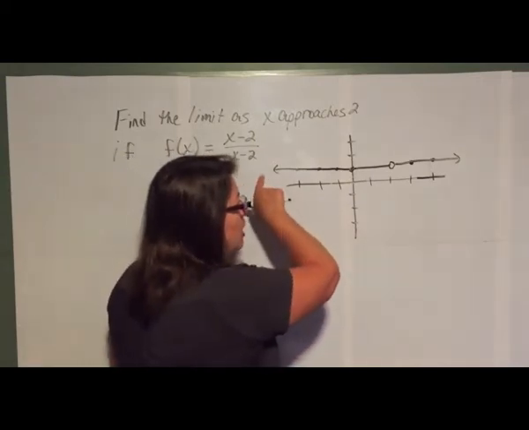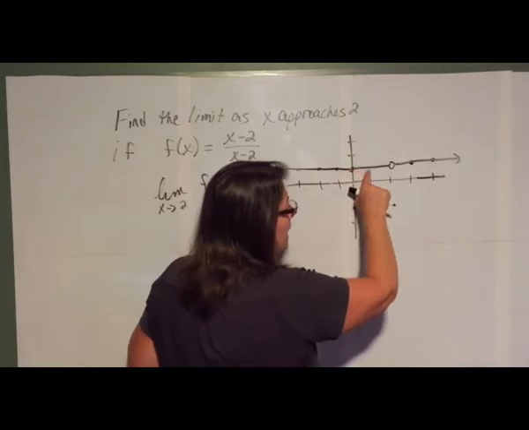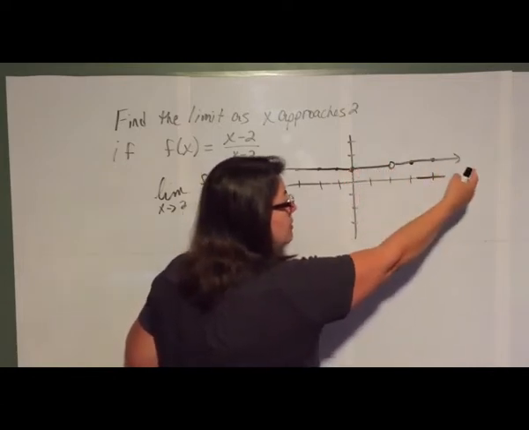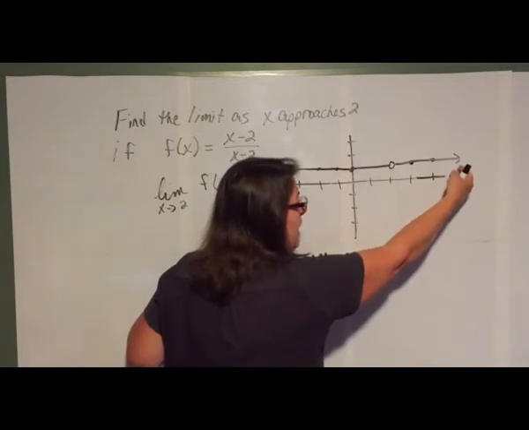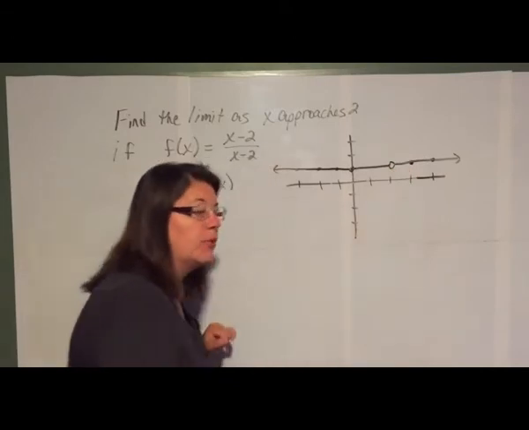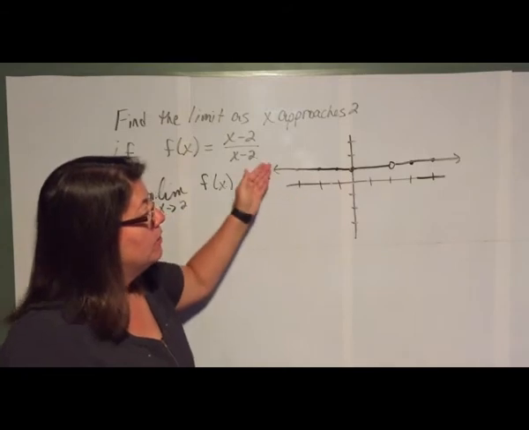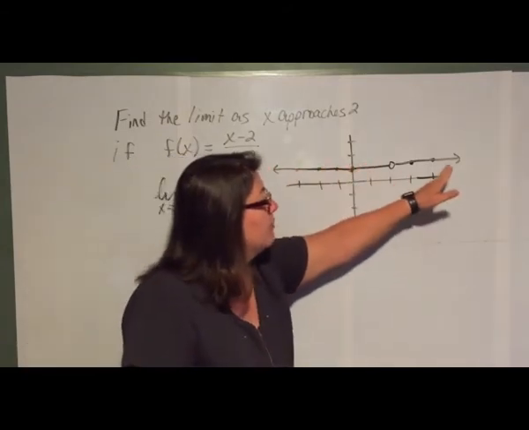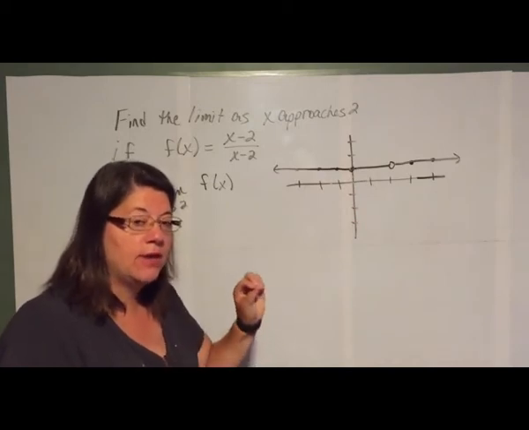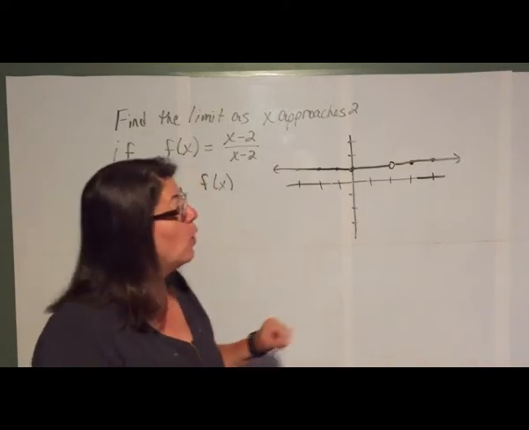As our function approaches the x value of 2, the y value of that function is going to be 1. As it approaches from the right-hand side, as that x value approaches 2, the y value still approaches 1. Since that limit is the same from the left and from the right, even though there's a hole in the graph at that specific value we're approaching, we still have a limit there of 1.